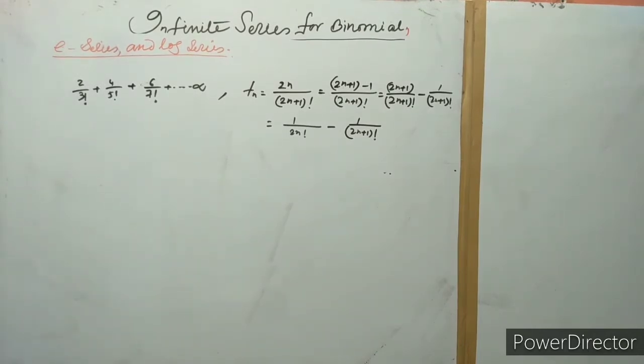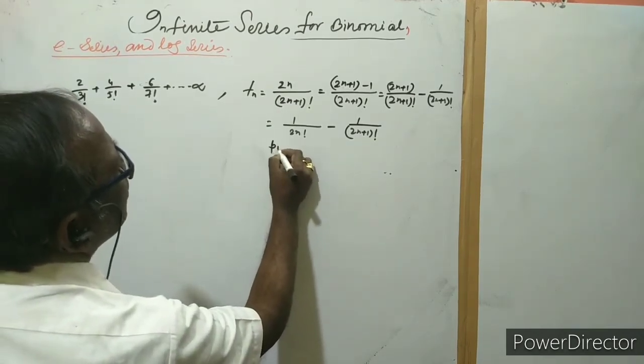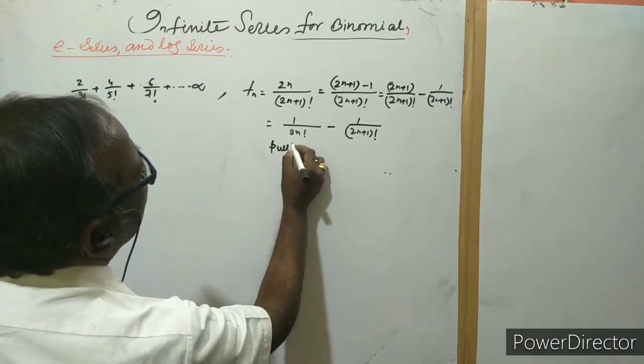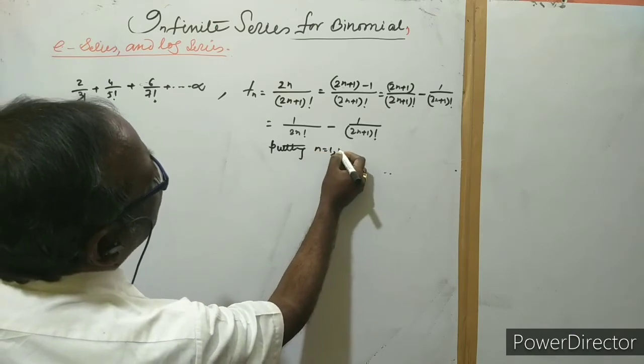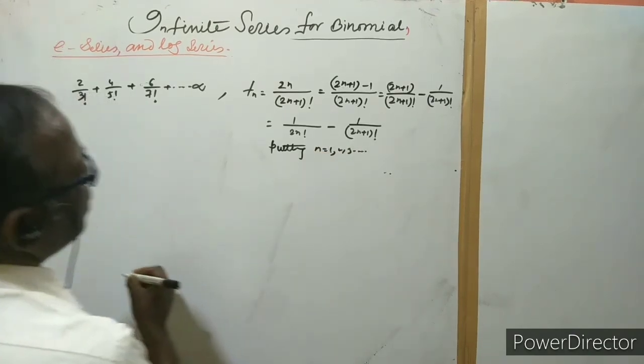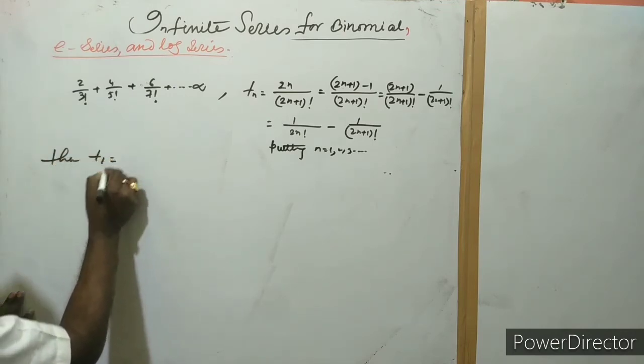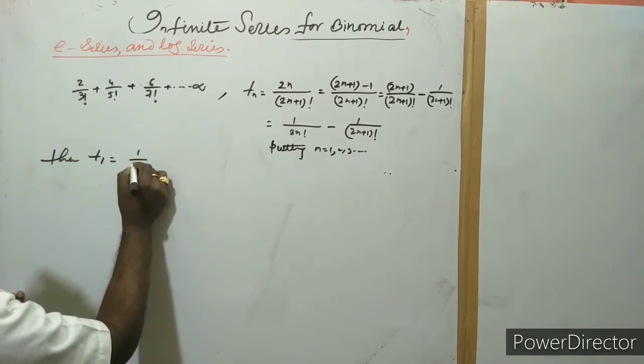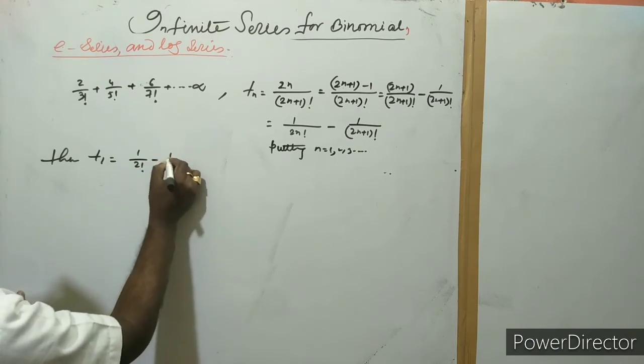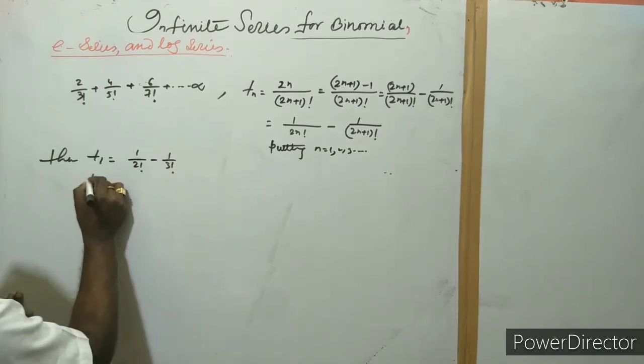Now putting n equal to 1, 2, 3, and so on, then T1 is equal to 1 by factorial 2 minus 1 by factorial 3. And this is T2.